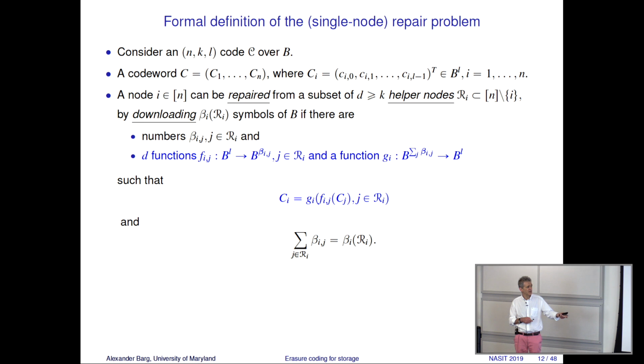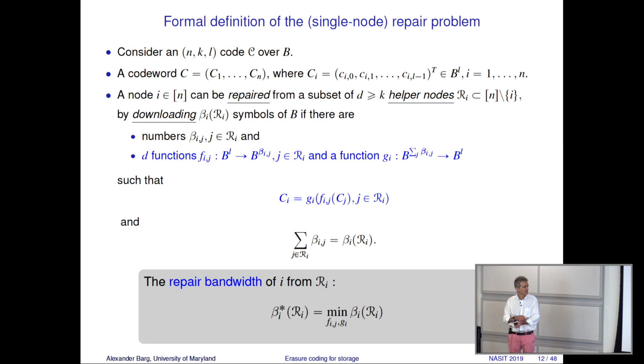This is the function g_i, which takes the downloaded information, and the sum of the beta_ij's is beta_i. Right, so that is repair. The repair bandwidth is the minimum of the transmitted information. A general definition of the repair question. And as we already said, the repair bandwidth satisfies the cut-set bound.